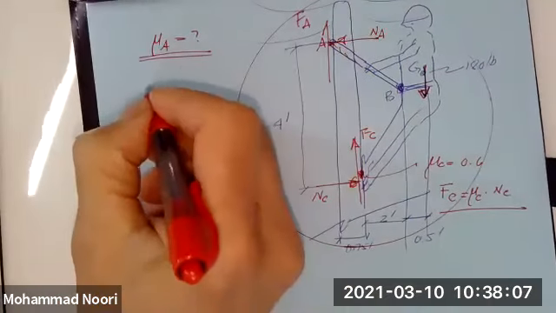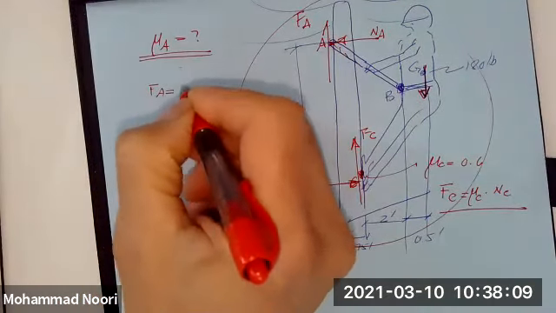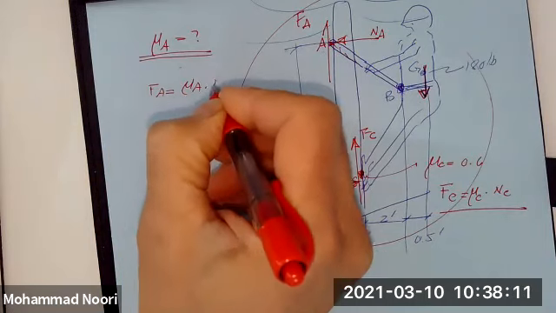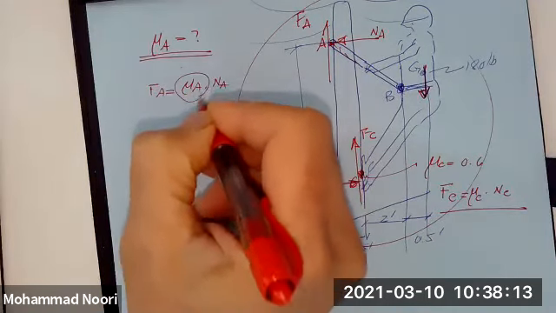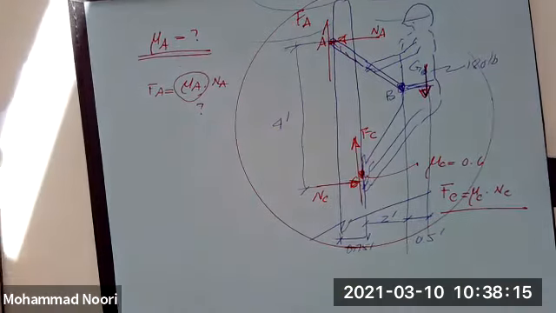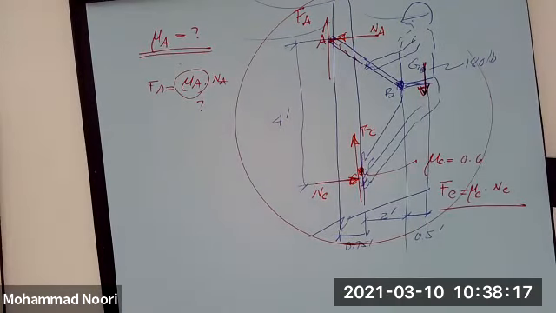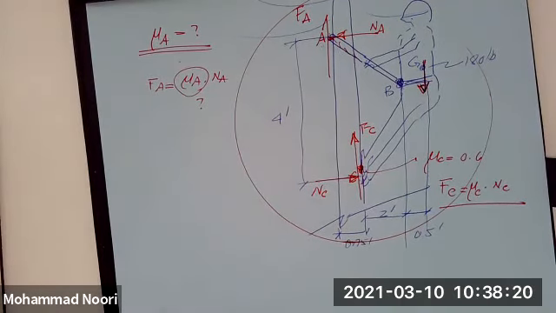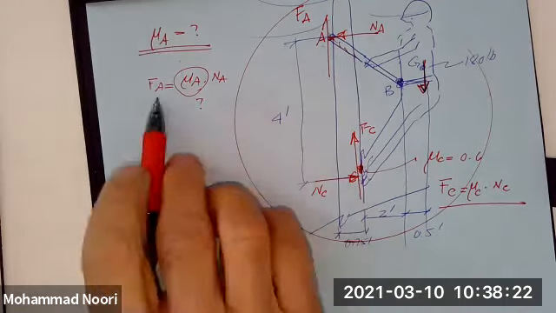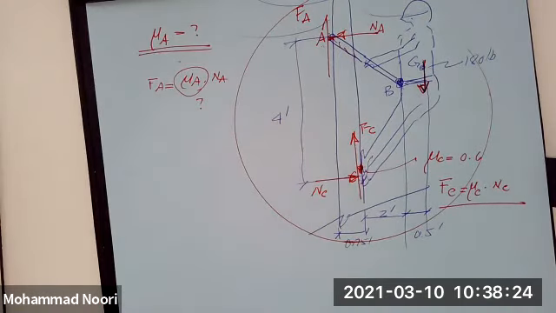All we know is F sub A equals mu A times N sub A, but we do not know what mu of A is, right? So there are two unknowns here. So let's write all three equations of equilibrium that we have.